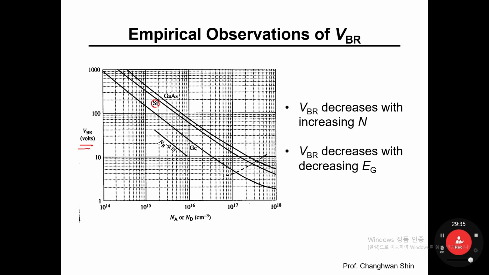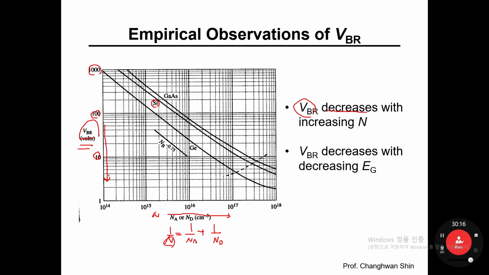Breakdown voltage has been drawn in log scale, 10 to 100,000, and the doping concentration is also expressed in log scale along the x-axis. So breakdown voltage decreases with increasing N, where 1 over N is identical to 1 over Na plus 1 over Nd. I mean that this N indicates the lightly doped side carrier concentration. So as N increases, the breakdown voltage decreases.